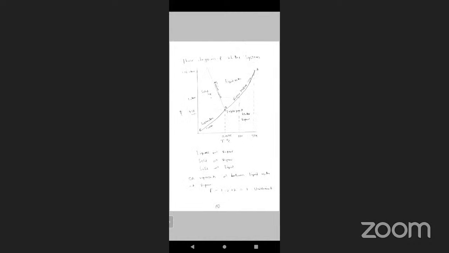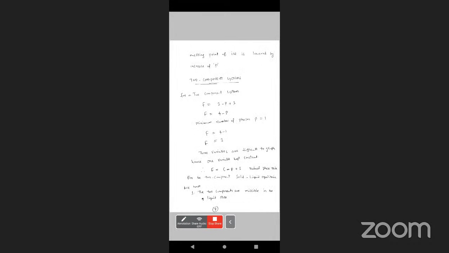Now when you observe this phase diagram, this fusion curve is inclined towards the y-axis, which means the melting point of ice is lowered by increase of pressure. So the melting point of ice decreases when the pressure is increased.